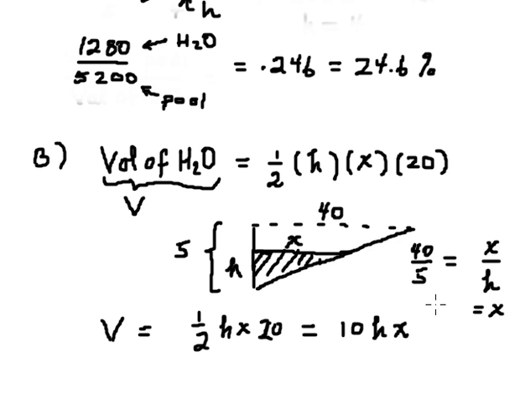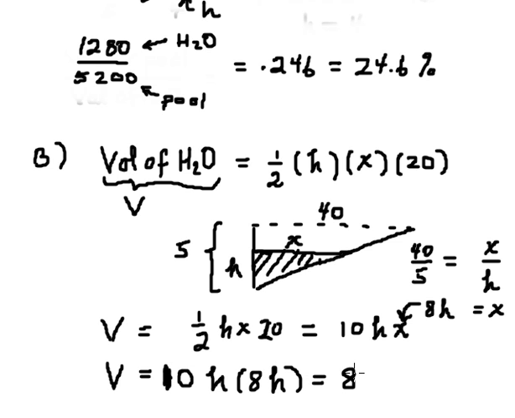So x is equal to 8h, just cross multiplying. And so we're going to put in the 8h right over there. So we have the volume is equal to 10 h times 8h, or 80h squared.